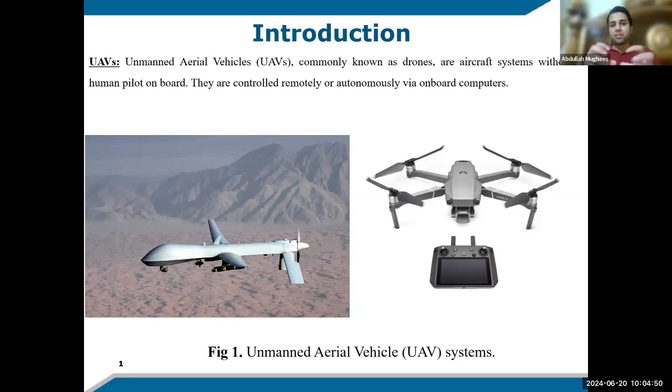So UAVs, or more commonly known as drones, are aircraft systems without human pilot on board. So they're controlled remotely or autonomously via onboard computers. So we are actually driving these systems, but we are not on board. There is no pilot on board. So we have some, let me just select a laser pointer.